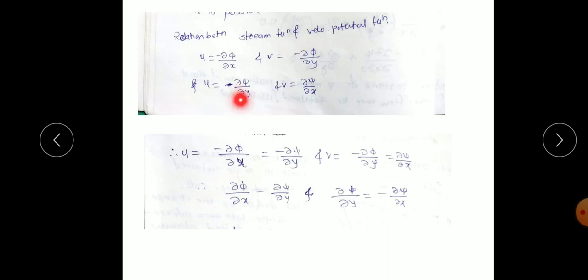And for the stream function, u is equal to minus del psi by del y. So equating the values of u, we can get the relation between these two as del phi by del x is equal to del psi by del y. So if we know phi, we can determine the stream function using this relation.